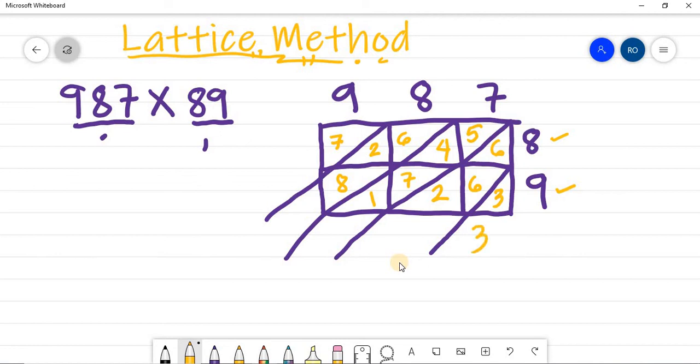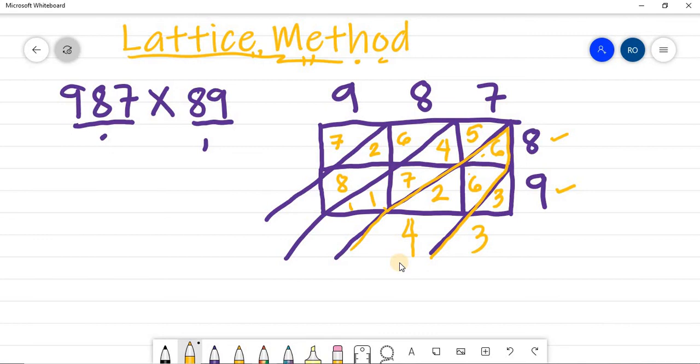Now, let's proceed to the next diagonal number. We have 6 plus 6 plus 2 is 14. So 14, we carry 1 here.